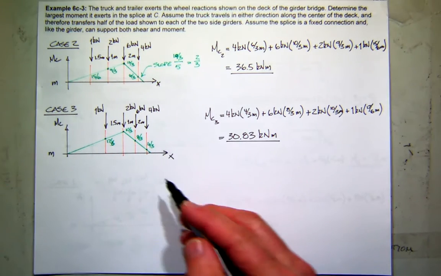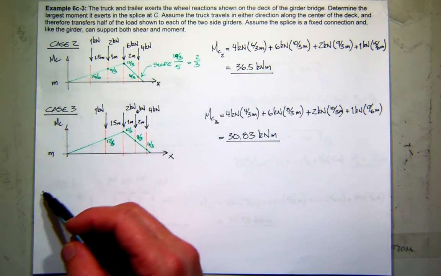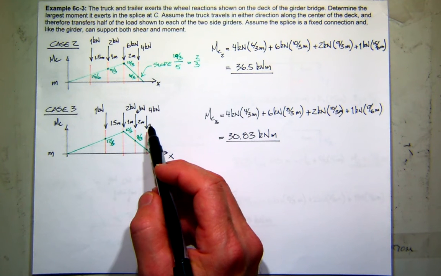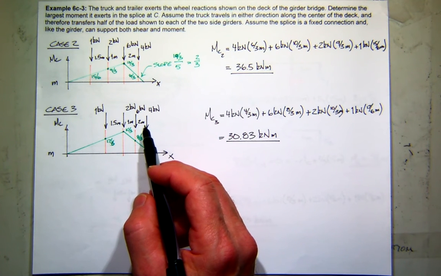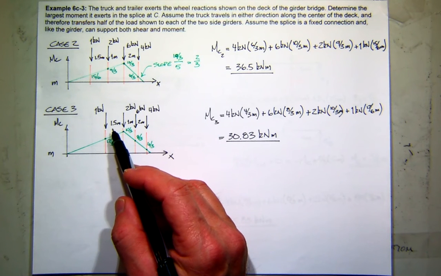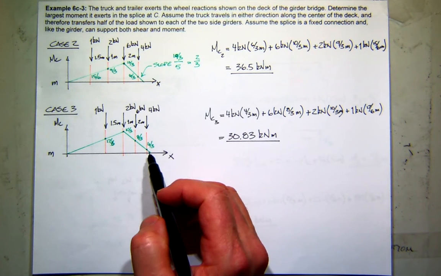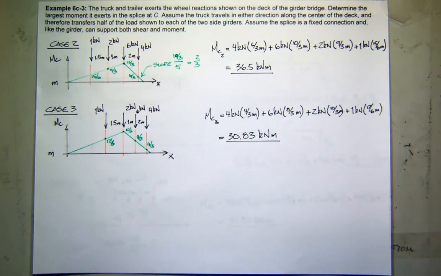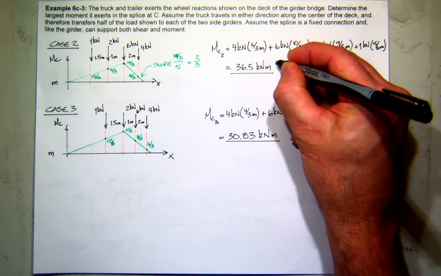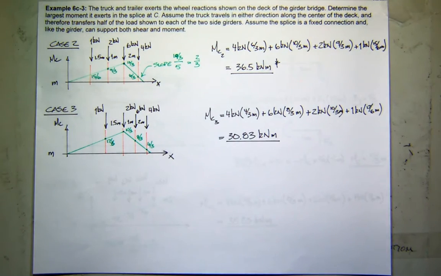And you can probably see that if we went ahead and did the fourth case, which we will, just to be complete, that this first load, will it go off the structure? Yeah. No, just barely. It'll just be barely on. But they'll all be on the lower side, so I imagine it'll be smaller. So we've probably already found the one that's critical.